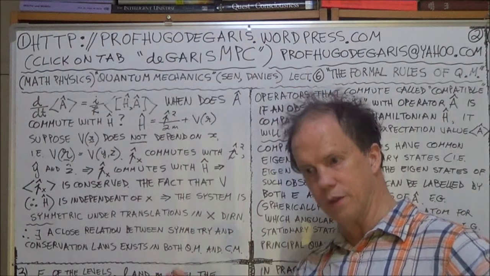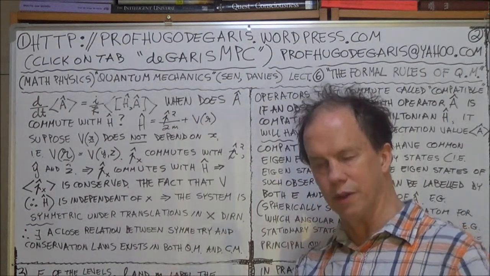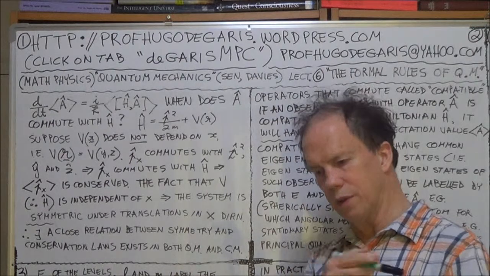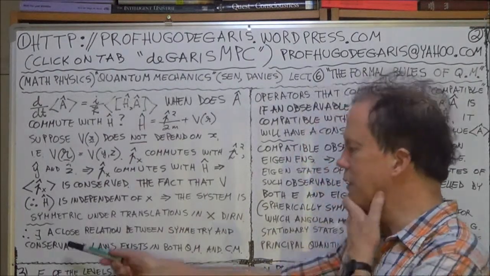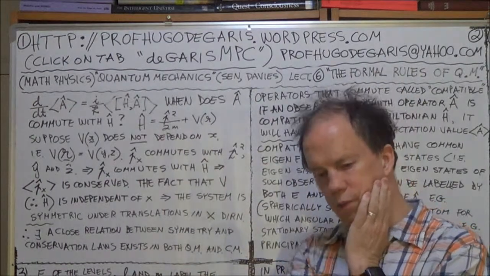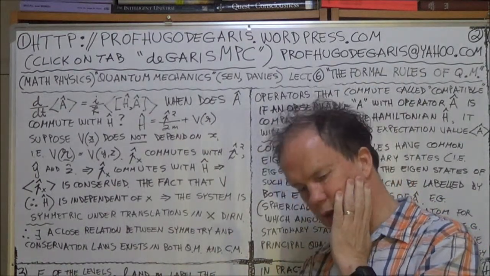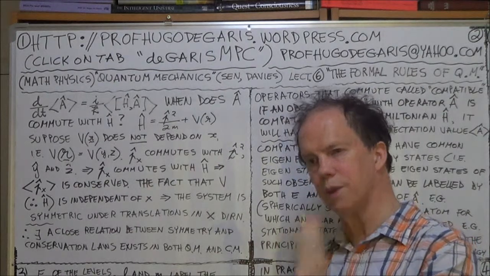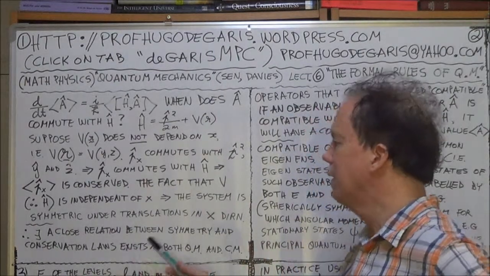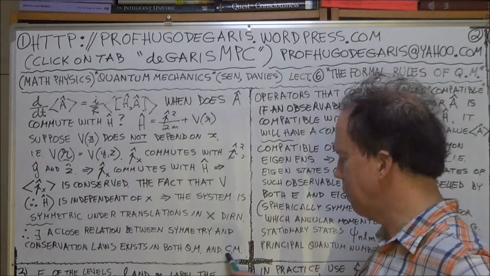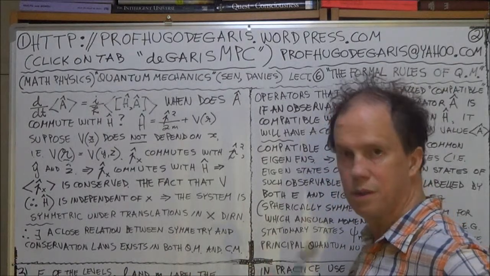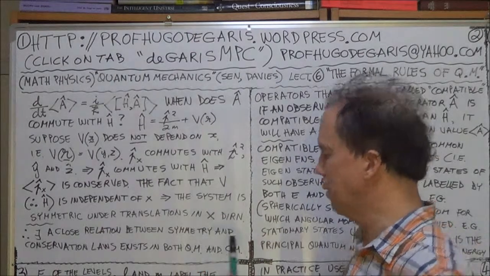Some physical thing, whatever it is, will be conserved, and the two are closely linked. So symmetry, hence a conservation law. That idea exists in both quantum mechanics and classical mechanics. So it's a pretty deep idea and exists in both.